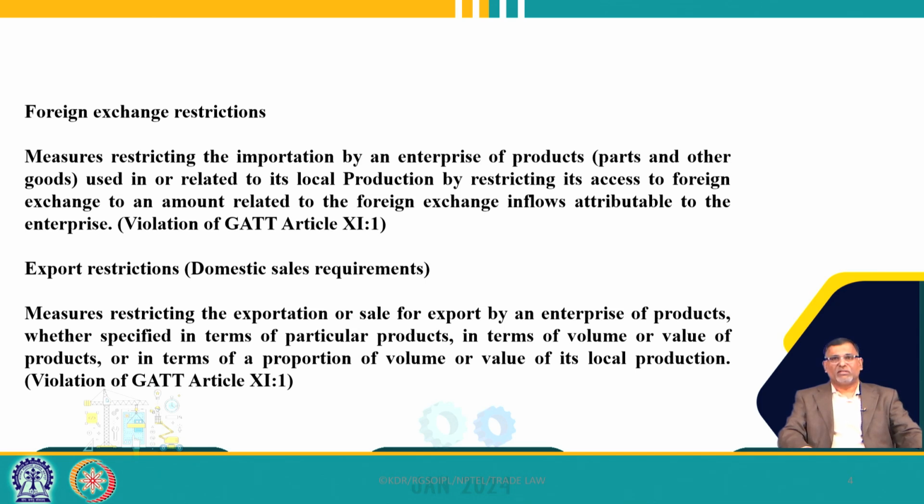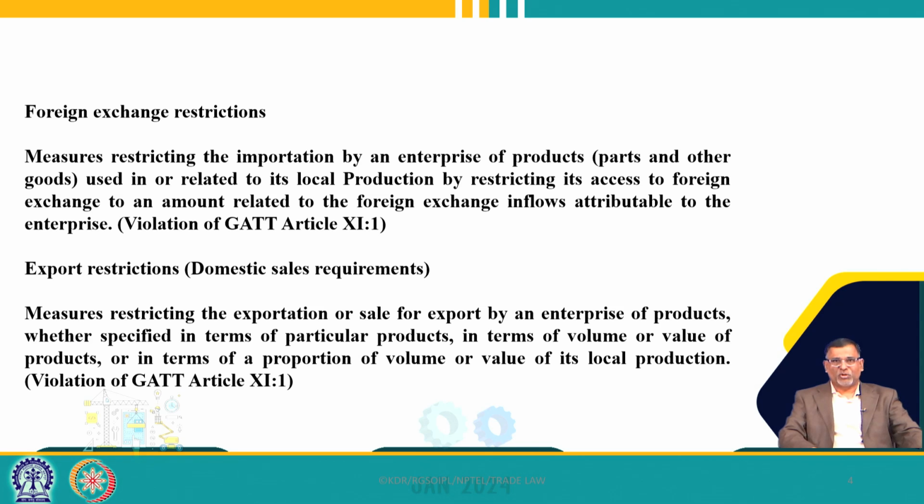The other restriction is export restrictions or domestic sale requirements. As we know, in most export processing zones there can be 100% export oriented units. Here you prescribe that the manufacturer or exporter should sell an equal amount of products in the domestic market as well.